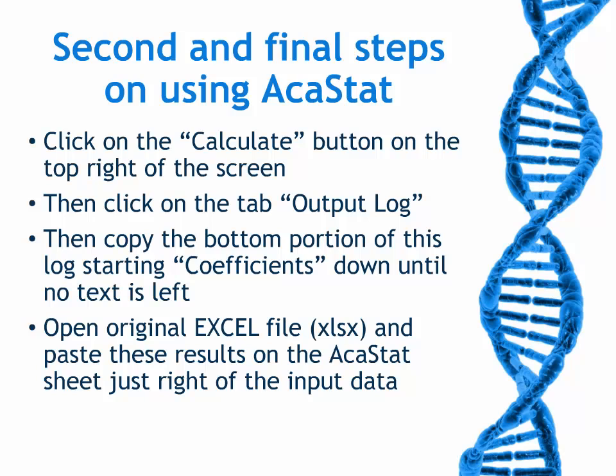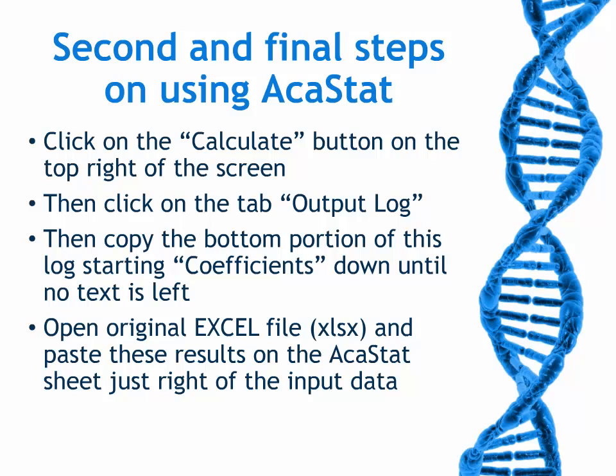And then you go to one of the tabs called Output Log. You click on that, and then inside of the Output Log, you want to copy from the bottom portion of this log, starting where it says coefficients until there's no text left.